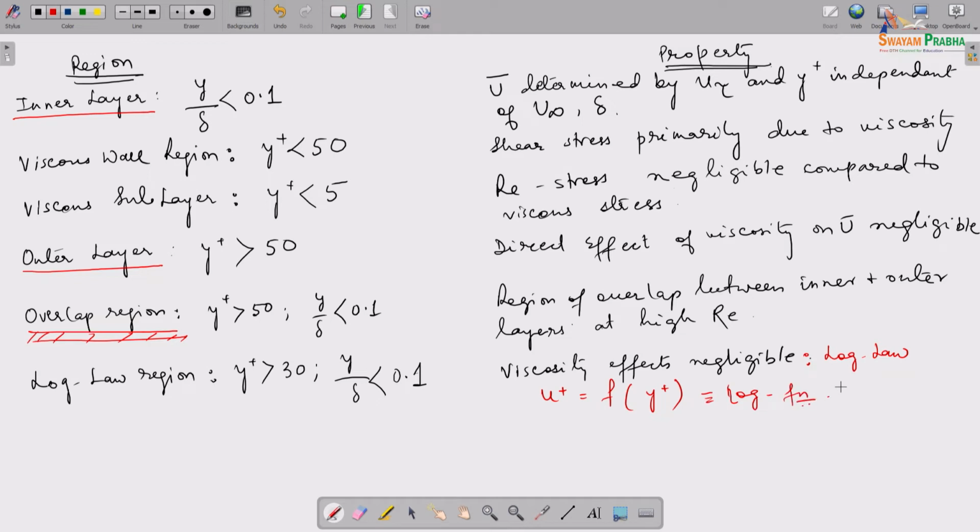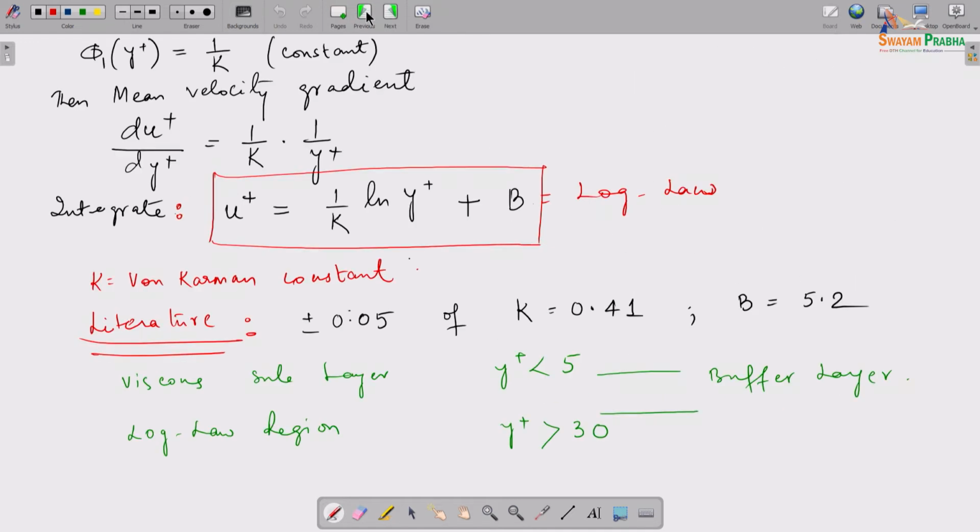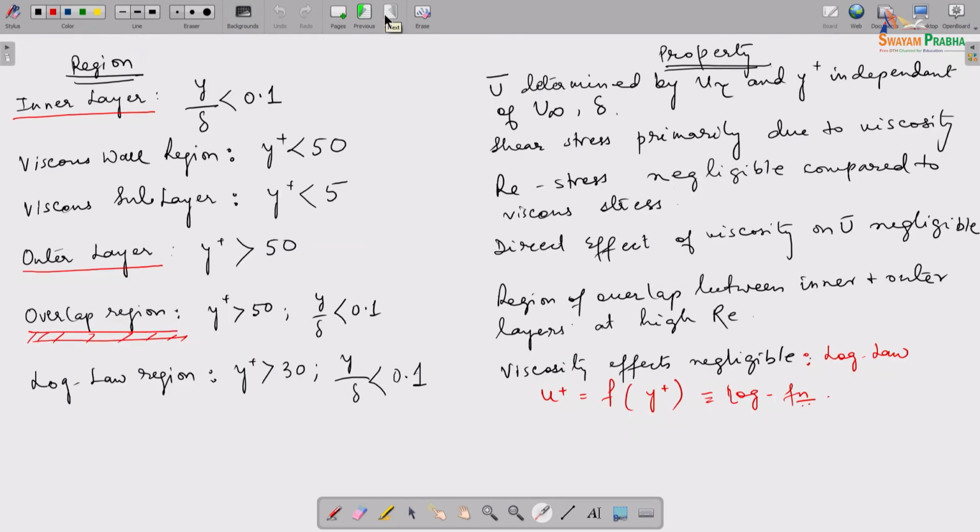So that's exactly what we're trying to say. When I say this is a logarithmic function on the right hand side, the log law will hold. And in the viscous sublayer, this is where the law of the wall will hold.